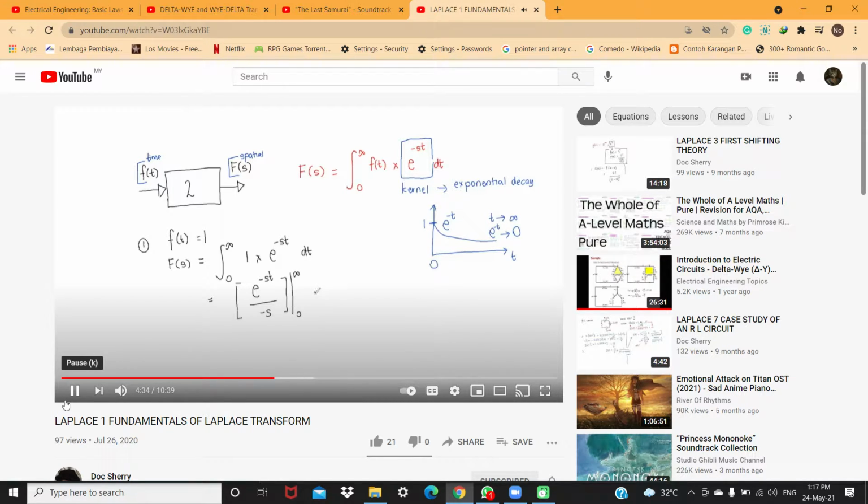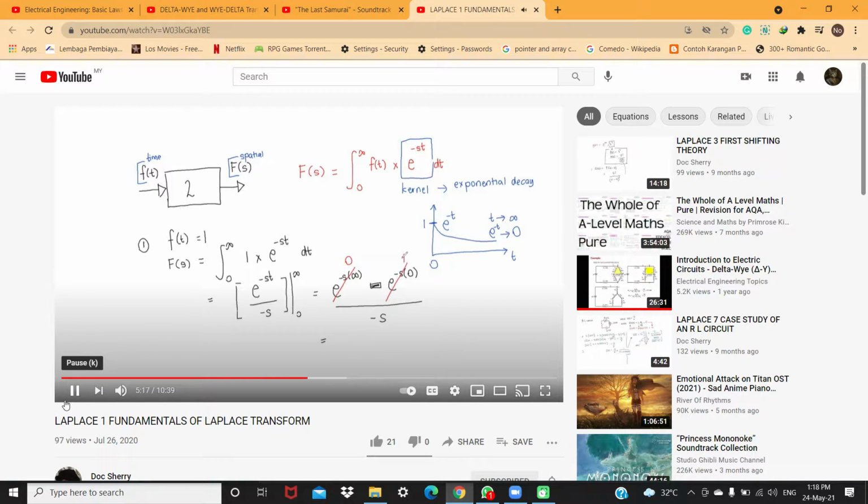When we substitute the values, first we substitute infinity into exponential to the power of minus s, minus exponential to the power of minus s with the next limit, which is 0, and don't forget it must be over minus s. Coming back to the exponential decay function, when it is at infinity it is actually 0, and when it is at time 0 it is actually 1.